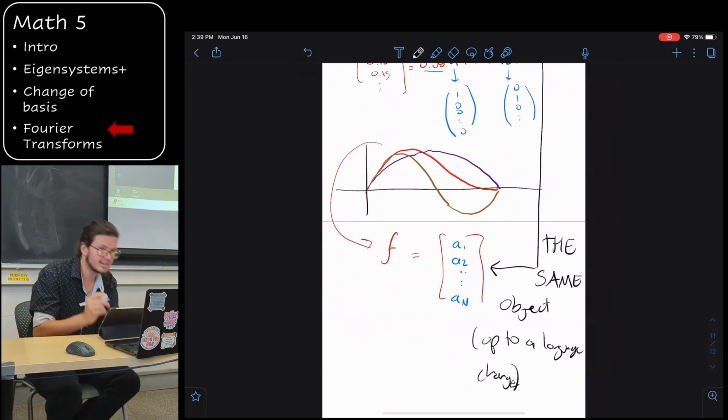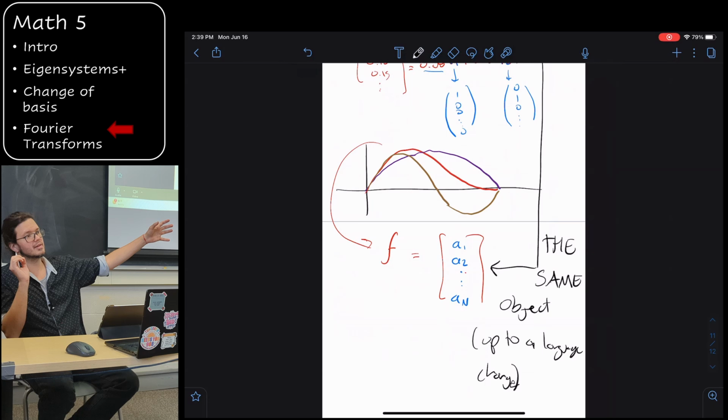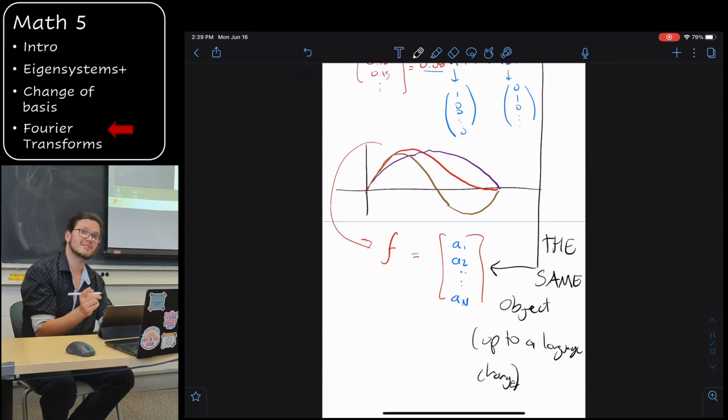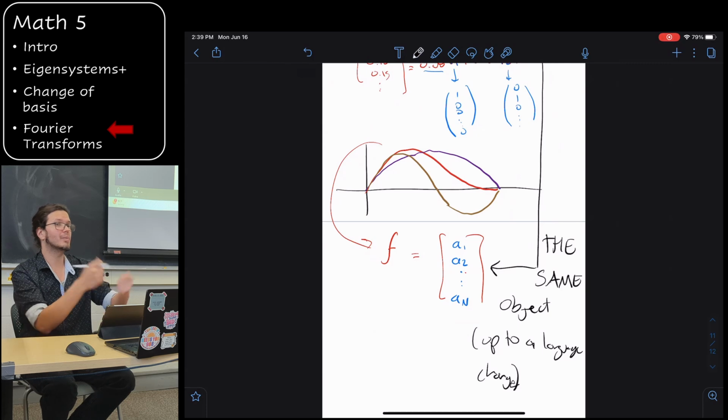They both represent f, but one of them is using the basis of these squares, these rectangles. The other one is using the basis of the normal modes, but they talk about the same thing. This is equivalent to if I were to bring you Don Quixote de la Mancha, and I give it to you in Spanish, which is how you should read it because that's how it was written, or I give it to you in French. It is the same book. If you read word by word, the words are different. The letters are different. You open a random page, and you will see very different things. They're the same book. They transmit the same idea.